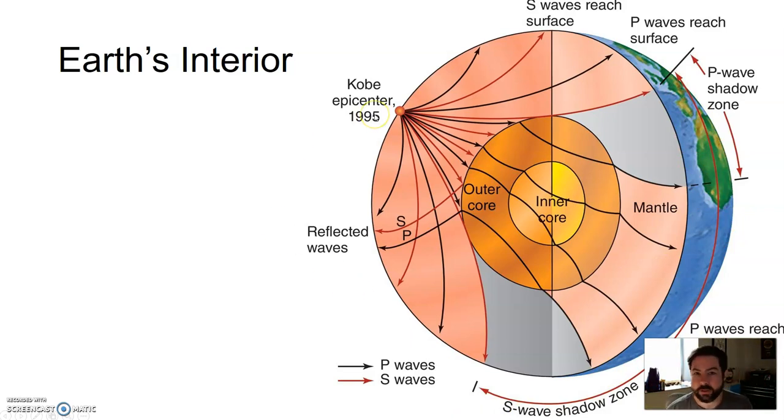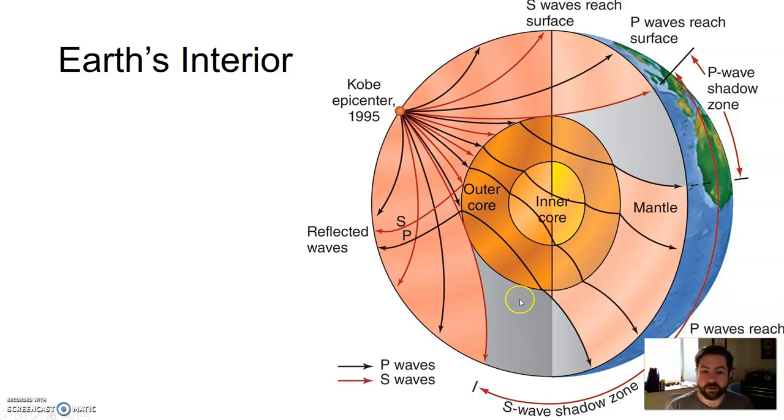We can also figure out the layers of the Earth based on how the waves are refracted a little bit. Not necessarily reflected, but also kind of bent or refracted, because when waves, whether it's a seismic wave, a light wave, or a sound wave, go through different density mediums, meaning going from like a solid to a liquid, they bend, they change direction a little bit.